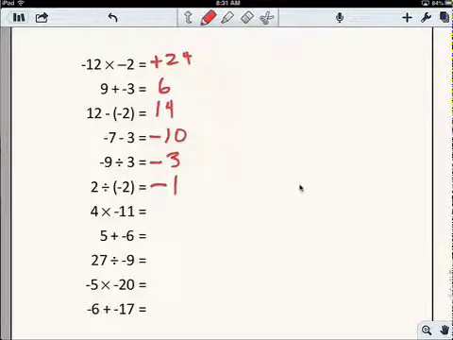4 times -11. It's a positive times a negative, so its answer is going to be negative. 4 times 11 is 44. 5 plus -6. 5 plus -6 is like subtracting 6 from 5, and 5 minus 6 is -1. 27 divided by -9.